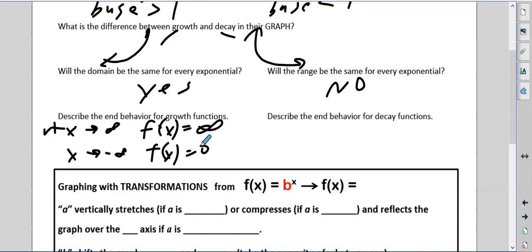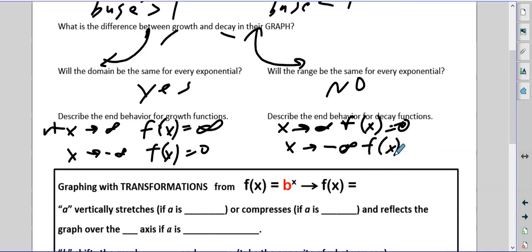And for decay, as x approaches infinity, positive infinity, f of x is 0. And as x approaches negative infinity, f of x is infinity.